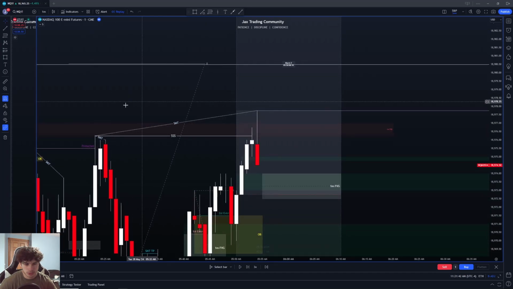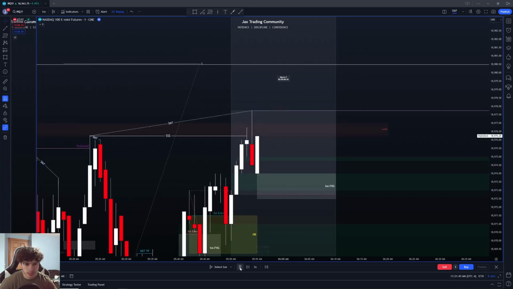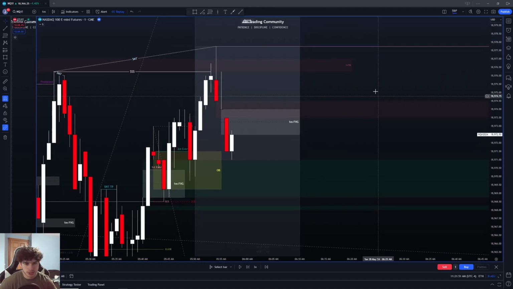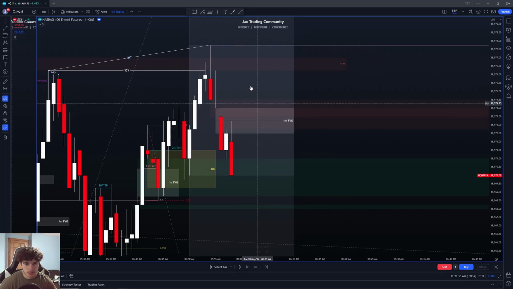You can see we also create an SMT up here, and we're having displacement down. So right here, this fair value gap would be first entry if we take it. So not this right here, but this.